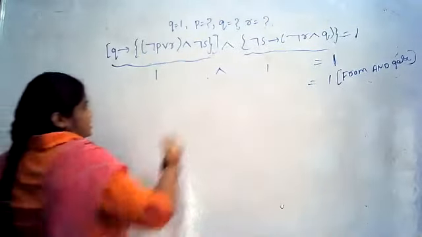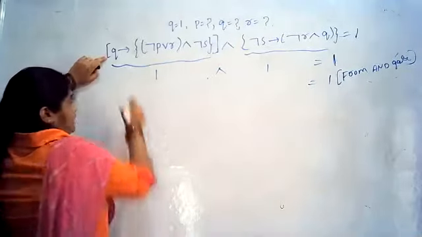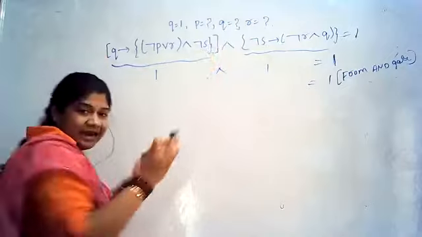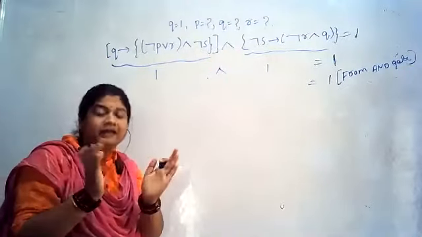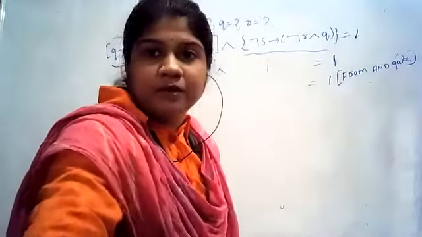In the last class I explained this, so I'll not repeat. This is a big bracket, this is a flower bracket, this is a common bracket. We'll solve from the big bracket, then we'll come to the flower bracket, then the small bracket, that is the common bracket.